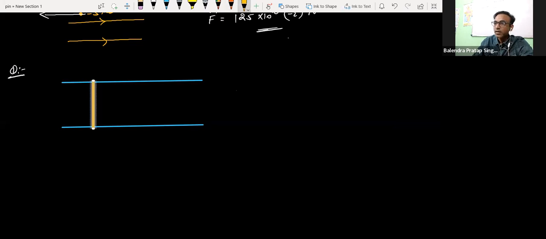This is the region of your electric field. Let me draw a few more electric field lines. This is your electric field. The electric field is uniform one.